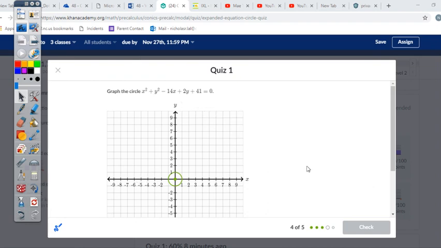Now we need to graph the circle. x squared plus y squared minus 14x plus 2y plus 41 is equal to 0.